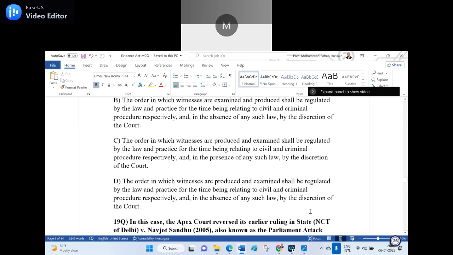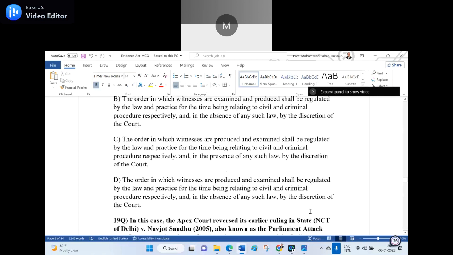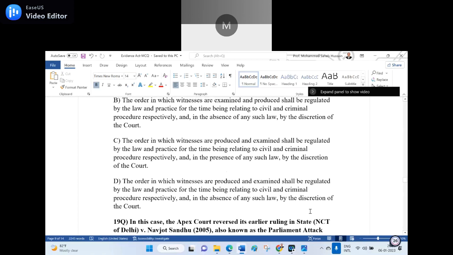C. The order in which the witnesses are produced and examined shall be regulated by the law and practice for the time being relating to the civil and criminal procedure respectively, and in the presence of any such law by the discretion of the court. D. The order in which the witnesses are produced and examined shall be regulated by the law and practice for the time being relating to the civil and criminal procedures respectively, and in the absence of any such law by the discretion of the court.